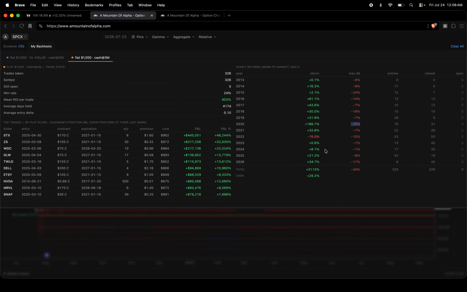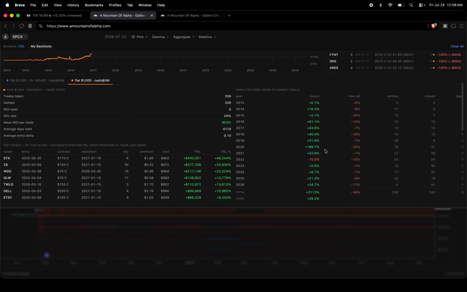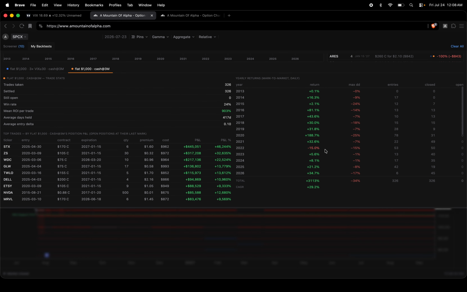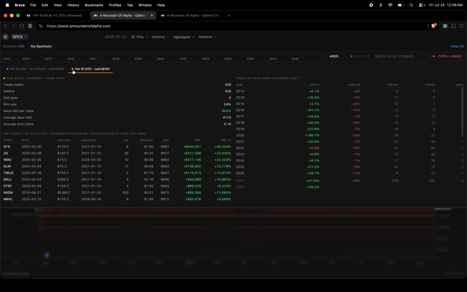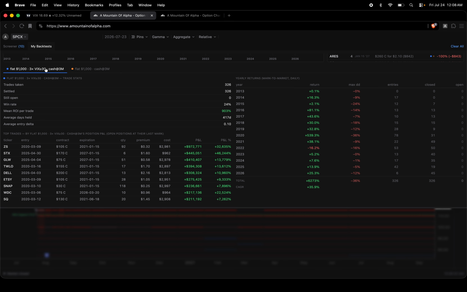So you could see this flat 100 in cash invested did worse. I mean, you sacrifice 2% drawdown for 6% compound annual growth rate.